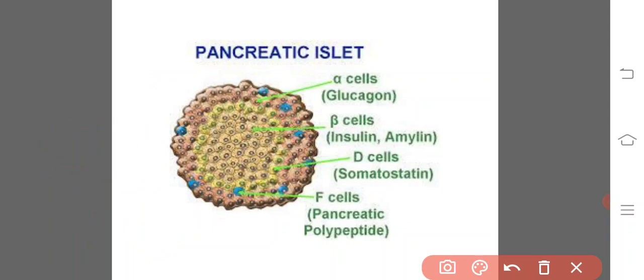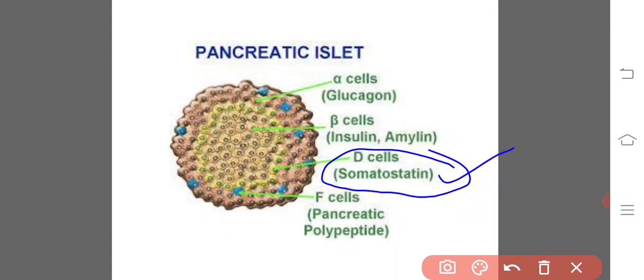And coming to the third one, D cells, otherwise delta cells, they produce somatostatin hormone. This is an inhibiting hormone in general that acts as antagonistic to the growth hormone, the insulin as well as glucagon.